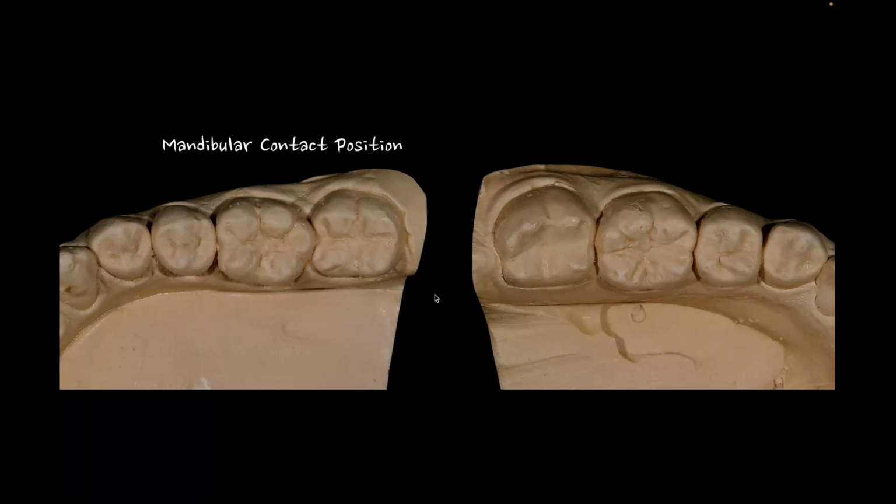Mandibular teeth, posterior especially. When you look at mandibular teeth, they have a contact point, and that contact point varies from the first bicuspid to the second bicuspid, to the first molar, to the second molar. In fact, if you look at the first molar as an example, notice how that fifth cusp actually protrudes into the contact of the second molar.